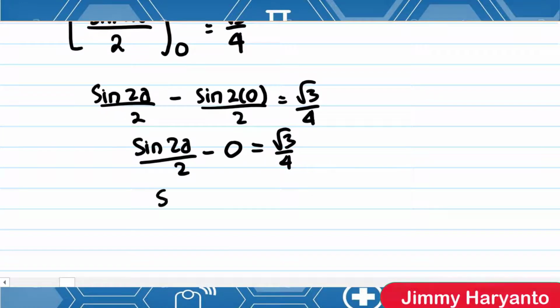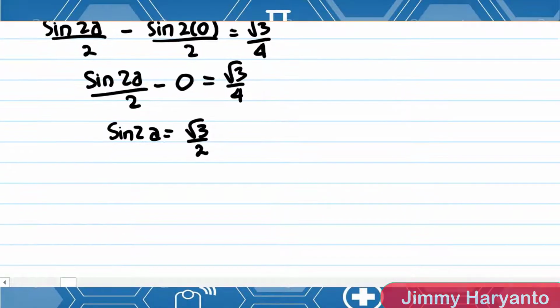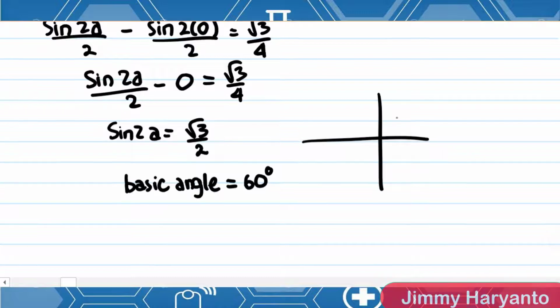Cross multiplication: 2 times square root of 3 over 4 will be square root of 3 over 2. We know that for square root of 3 over 2, the basic angle of sine is 60 degrees. So we'll use the quadrants. 60 degrees is right here.